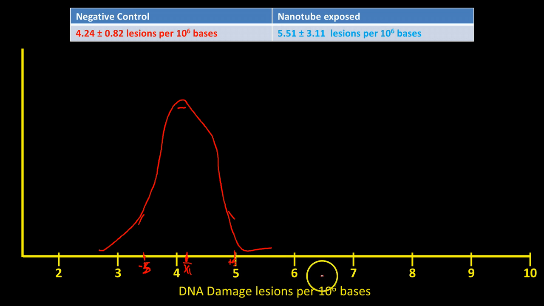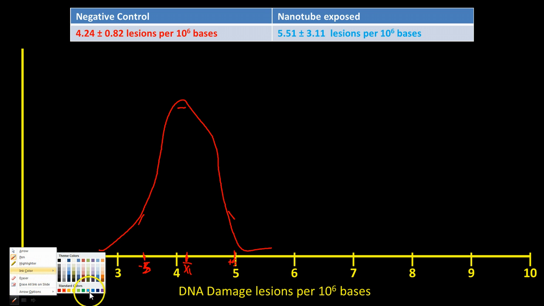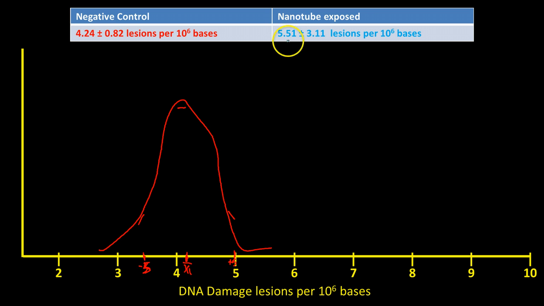And so nanotube exposed looks considerably different if you look at this, because we have our mean here, which is about 5.5, which is about right here. Let's call that x2. Then this has a pretty large standard deviation, so the high extreme is about 8.6 or so.